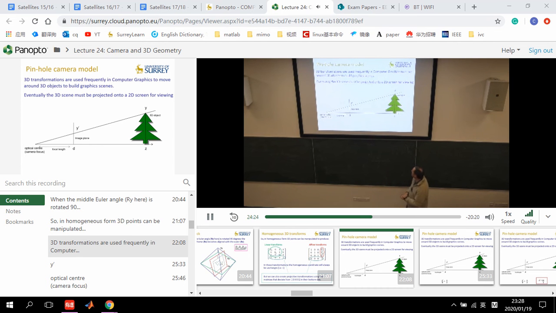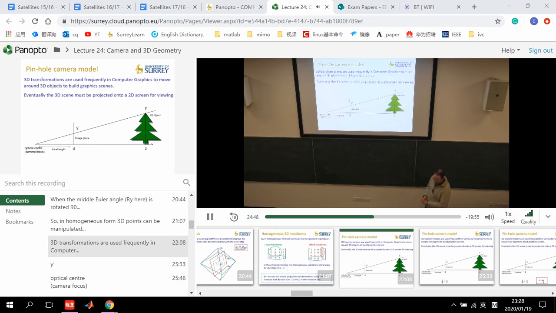Why? Because light travels, certainly in this context, in straight lines. So a ray of light is coming from the sun, bouncing off the top of the tree, and then passing through the window in a straight line, ultimately to us, the viewer, where we're standing at what's called the focal point in the scene, the camera focus.